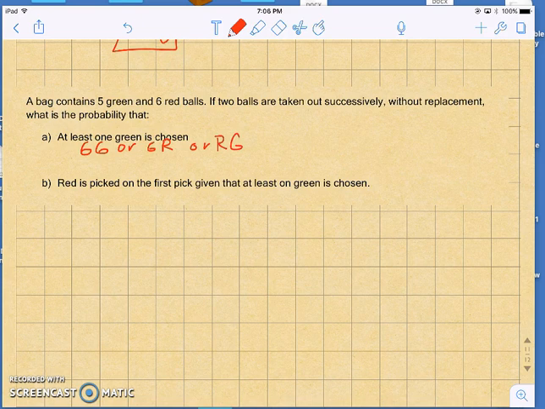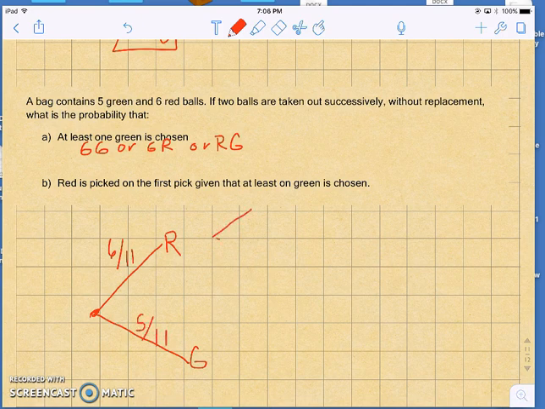So let's see. In our tree diagram, the first draw, you could either get a red or a green. So red would be 6 out of 11. Green would be 5 out of 11. So the second draw, you could get a red or a green again.